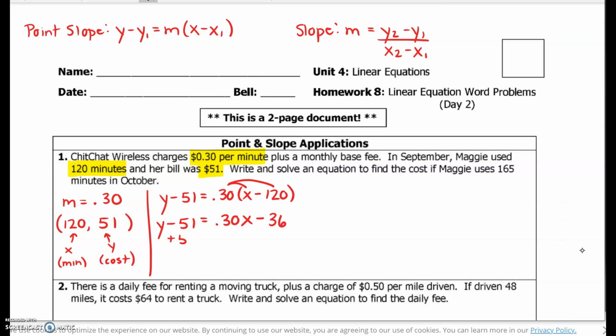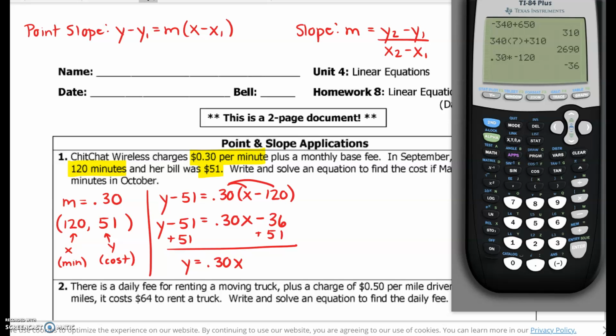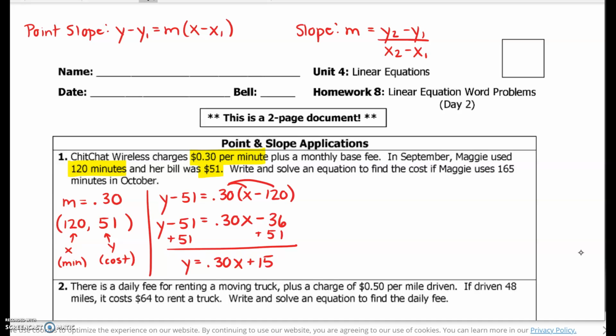From there, we have to add 51 to each side to get y all by itself. So in this case, y will equal 0.30x. And then we will add our negative 36 with our 51, and that would give us a total of 15. So this would be the final answer for our equation.